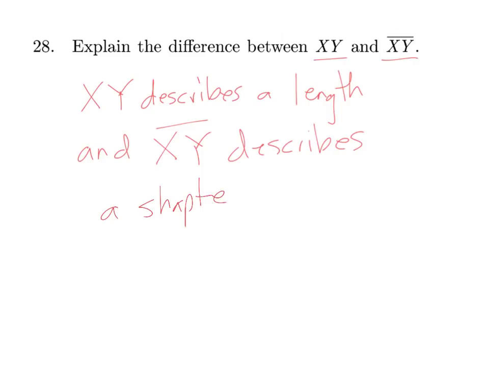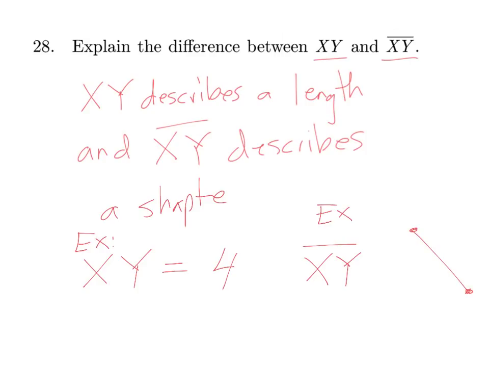So for example, if you say XY, then you're going to set it equal to a number. For example, 4. This is just an example. If you're going to say segment XY, then you're not talking about a number, you're talking about a picture. You're looking at some picture, the segment XY. Okay?